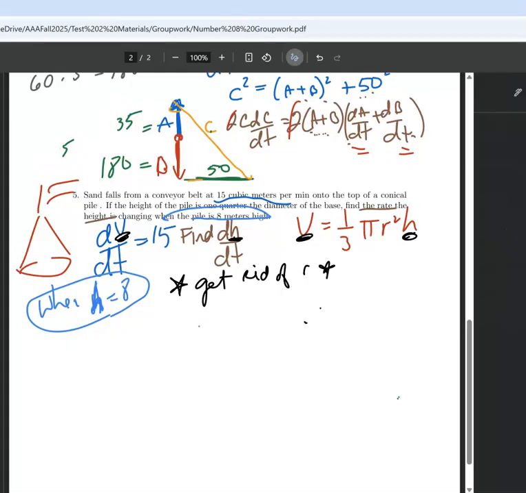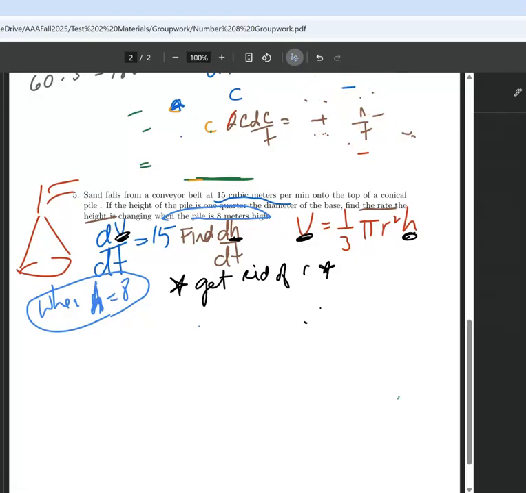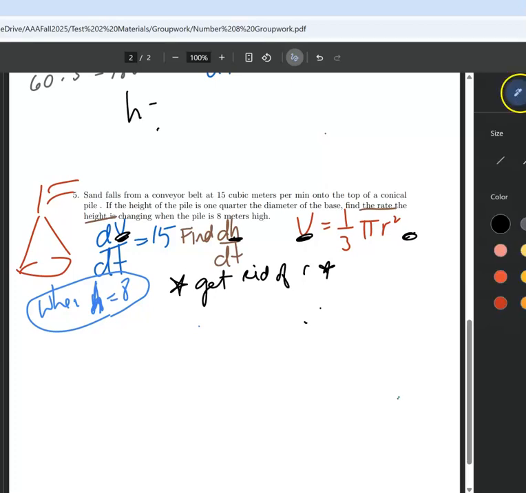So let's think about it. Do they give me information about what the radius is, maybe related to the height? What do they say here? Let me erase so I can see it. So they say that the height of the pile is 1/4 of the base. Okay, height of the pile is 1/4 of the base, and the base would be the diameter of the base.